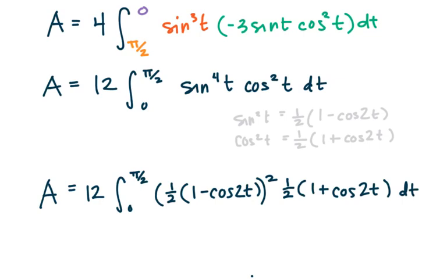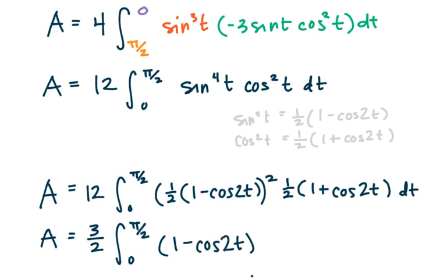So squaring this first 1/2, that's 1/4, and I have this other 1/2 that comes out, so that's going to pull out a 1/8. So I've got 12 over 8 as a leading coefficient here, and 12 over 8 reduces to 3 over 2. So I've got 3 over 2 times the integral of 1 minus the cosine of 2t squared, times 1 plus the cosine of 2t, dt.